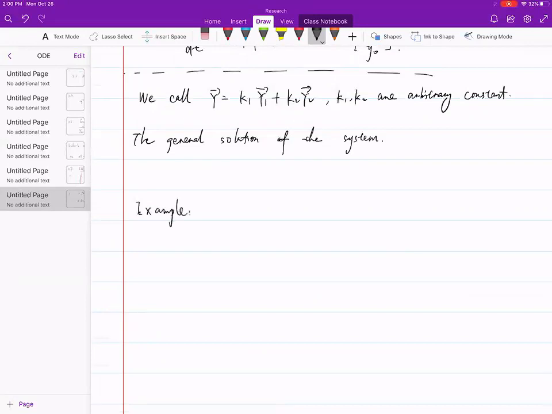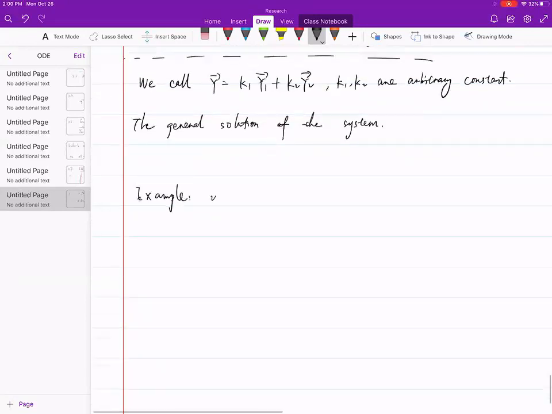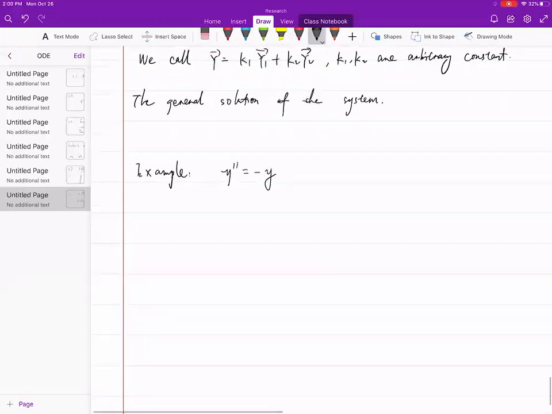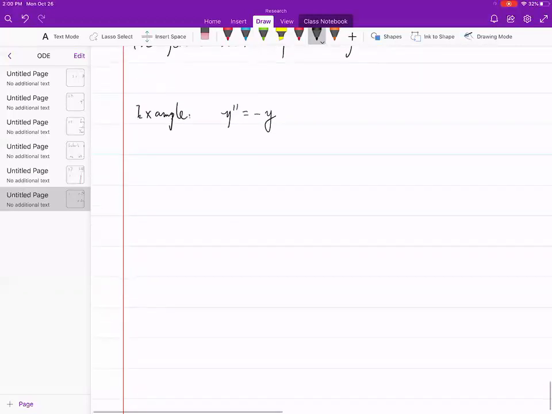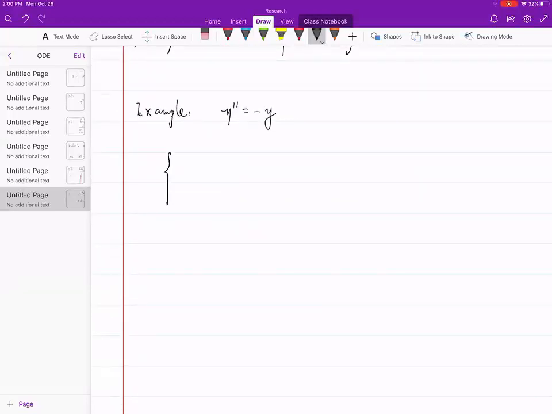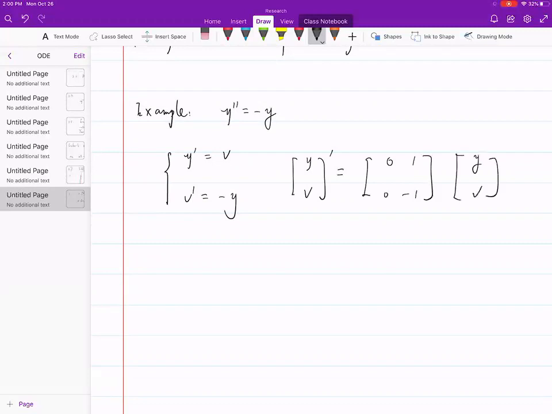Number 1, let's see the undamped harmonic oscillator. Let's just take this one as an example. We have a system. Okay, if we write it down, something is wrong. What did I do? Okay.